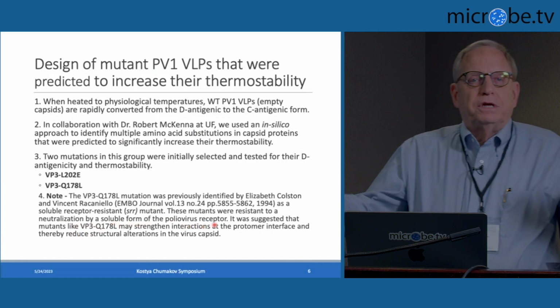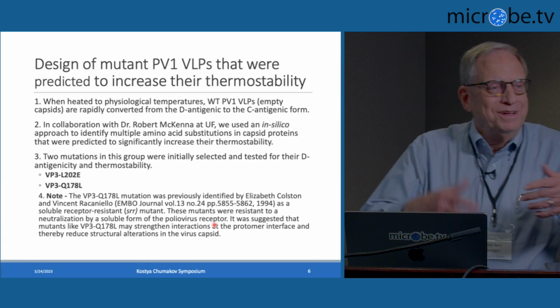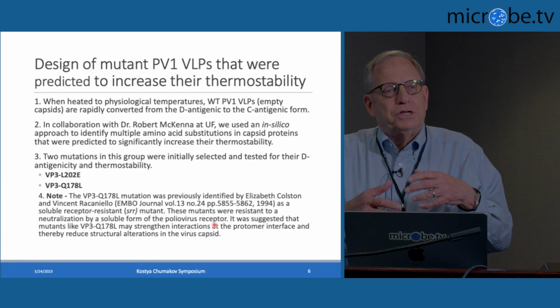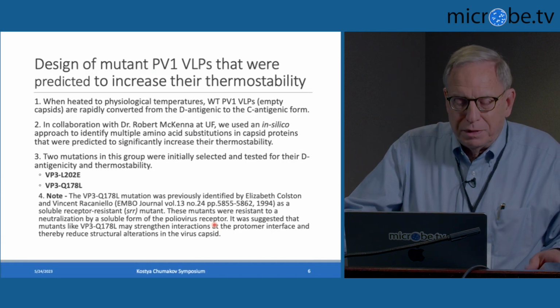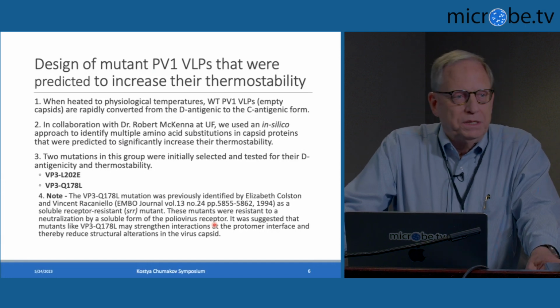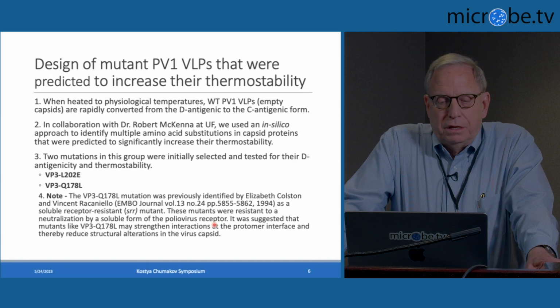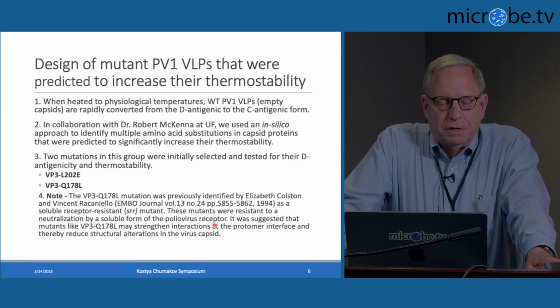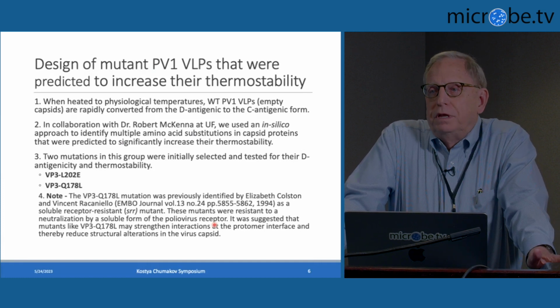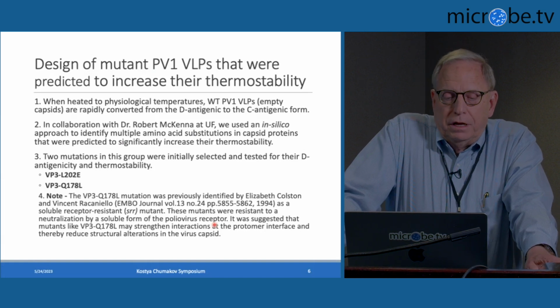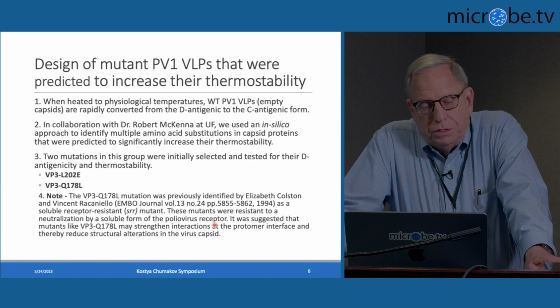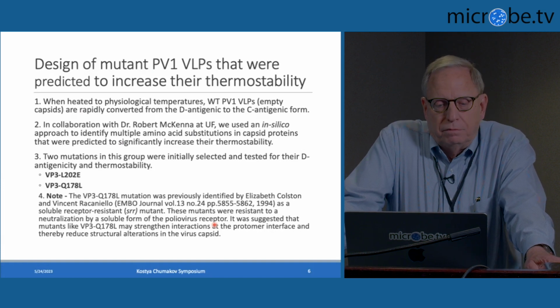Normally, if you had a lot of soluble receptor, and Vince can correct me on this, that's going to basically neutralize the virus because it fills up all the binding sites. In other words, you would prevent labeled wild-type virus from binding. But if you could find mutants, that would suggest that the soluble receptor wasn't binding.